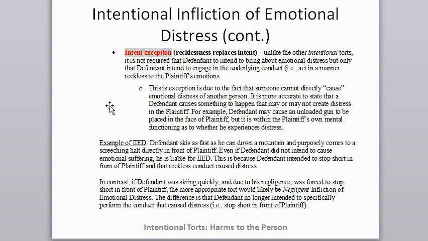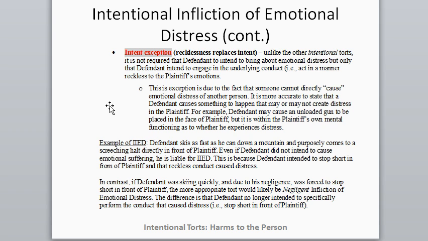They purposely go as fast as they can and screech to a halt directly in front of the plaintiff. Even if the defendant did not intend to cause emotional suffering, he might be liable for intentional infliction of emotional distress. That was clearly reckless. The person might be very scared of that.